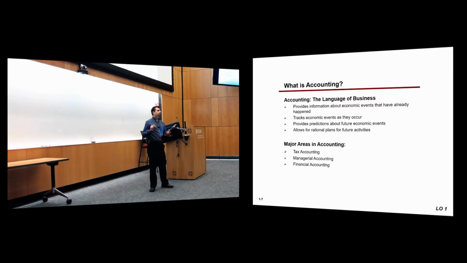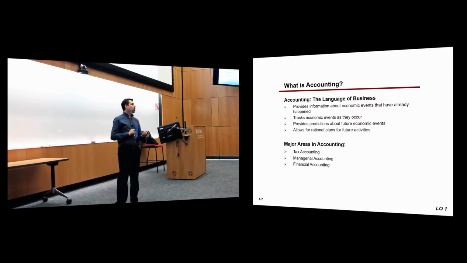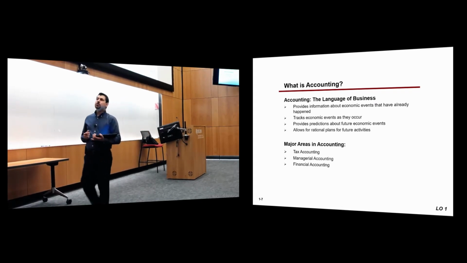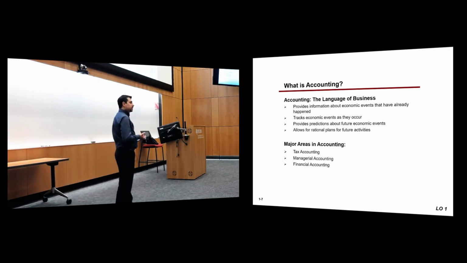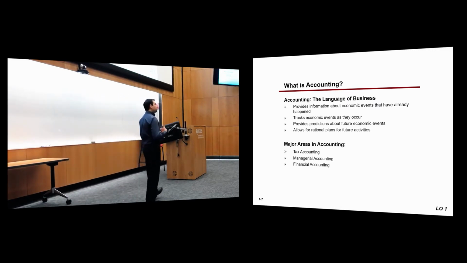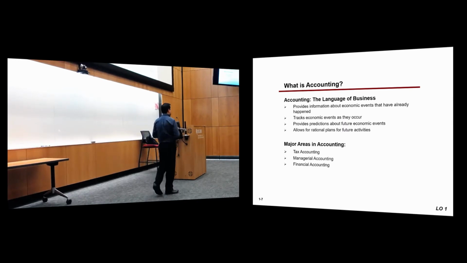Is that specific product generating revenues or causing the company to lose money? So basically, this is the language of business. It provides reports that different users will use to understand how the company is performing.